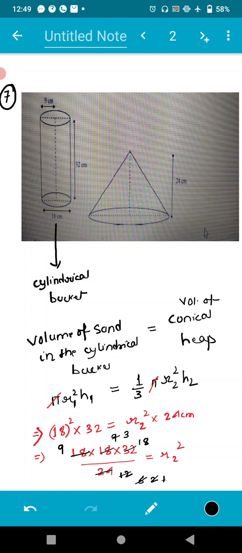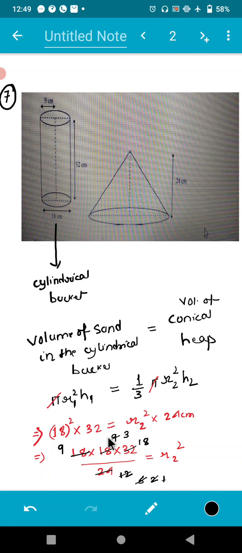If I multiply all these values, that is 9 into 3 would be 27, and 27 into 18 would be 486, I guess. Okay, 486. So this answer is going in the right direction.